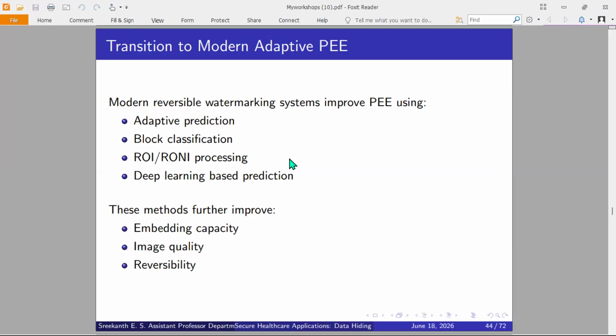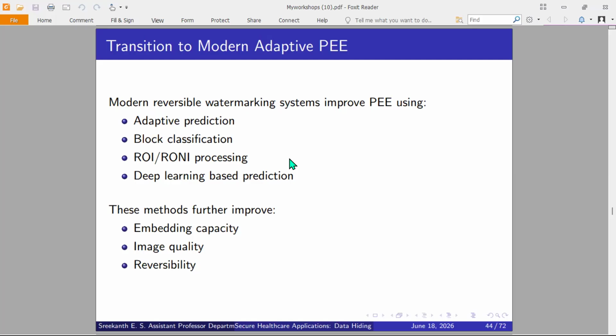Then region of interest and region of non-interest processing. In a medical image, you can divide the region of interest and the region of non-interest. The region of interest is highly sensitive and it is most required for diagnosis. The region of non-interest is the surrounding area.